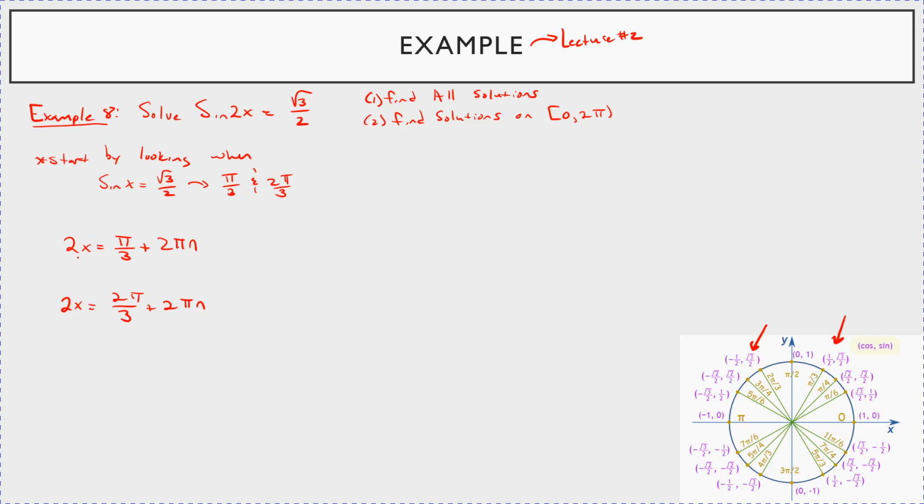Step 2: set the original inside equal to those solutions and solve for x.